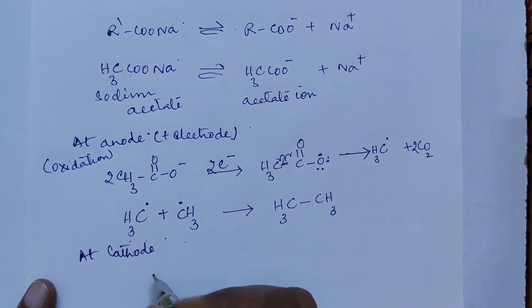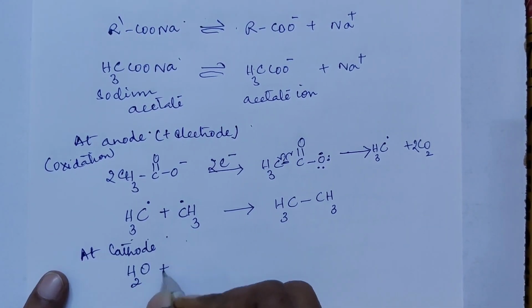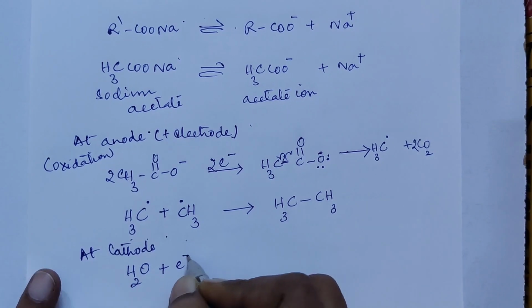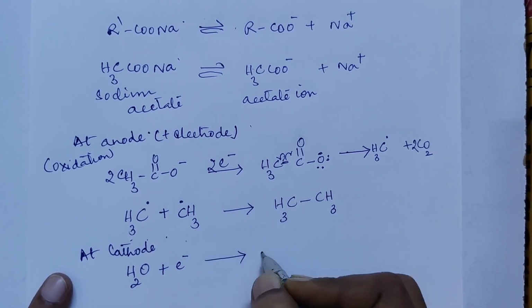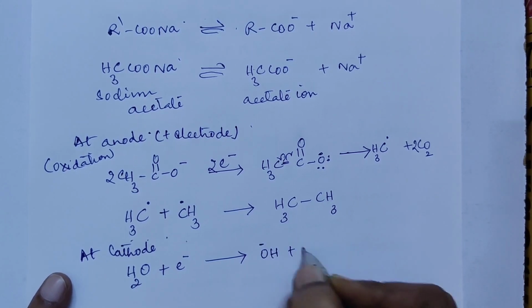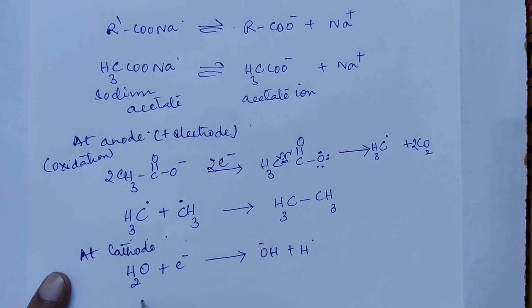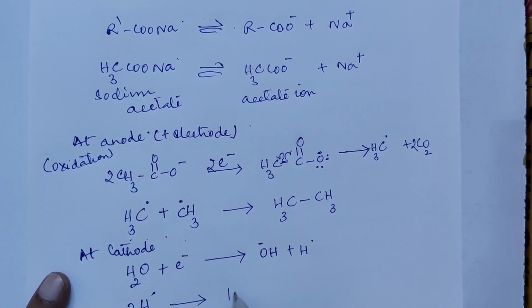At the cathode, the water molecule will take up the electron and we get OH minus and a hydrogen radical, and this hydrogen radical will combine with another radical and form hydrogen.